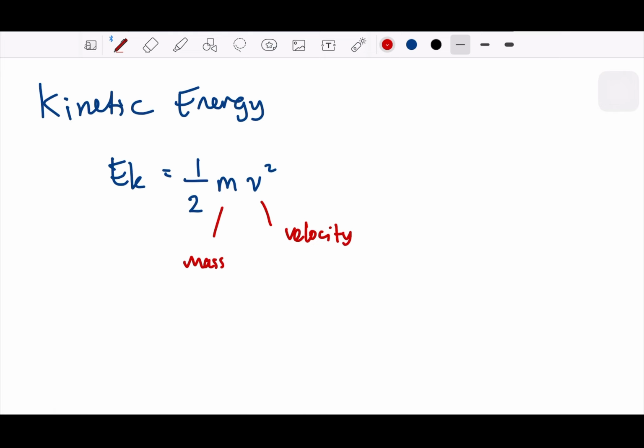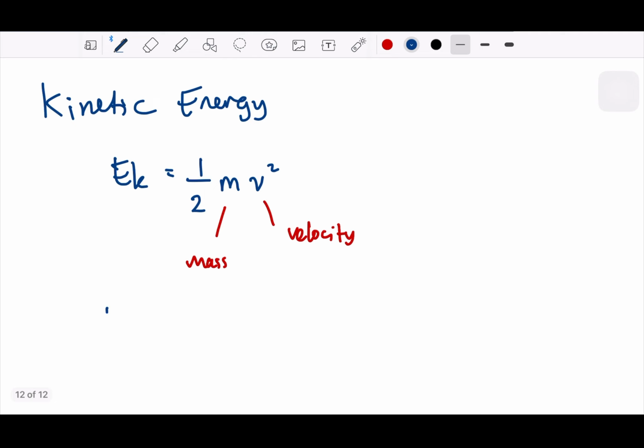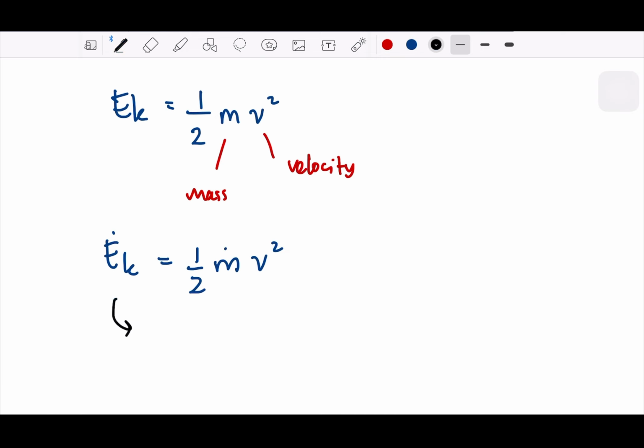And we can also write the terms into rate. So we can simply say that this is the rate of kinetic energy that is transported into the system.